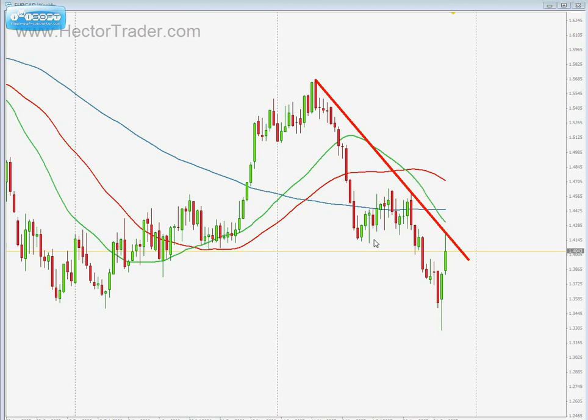Have a look at how price found support at this level, and now it's working as resistance once again. So we have two different elements of support and resistance going against our long setup on the hourly time frame. Once again, we have a weekly downtrend against an hourly uptrend.